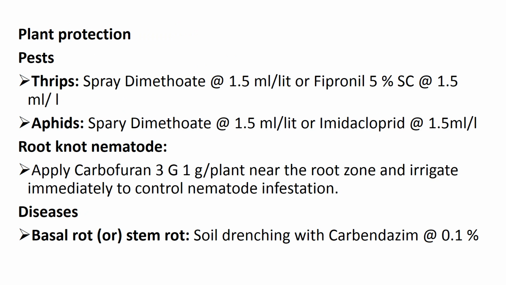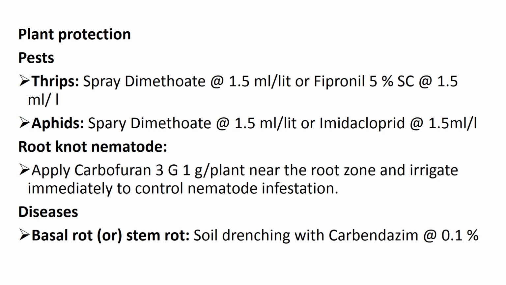Comes to plant protection. In plant protection, thrips and aphids are the most common pests throughout the world. In chrysanthemum and anthurium also, thrips and aphids are there, and both are sap sucking pests, thrips having order Thysanoptera, aphids having order Hemiptera.